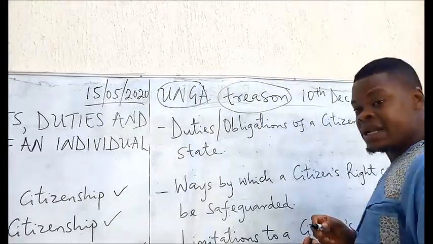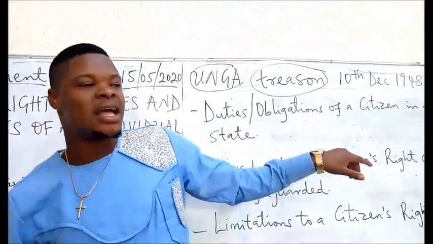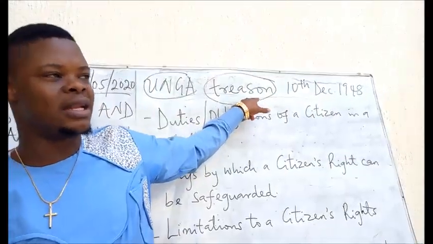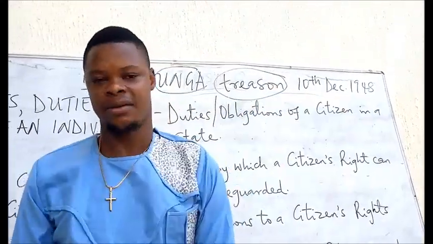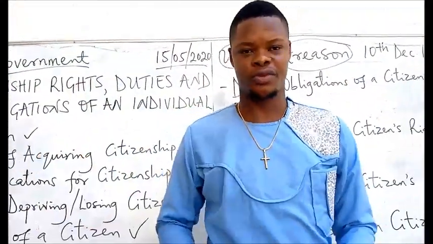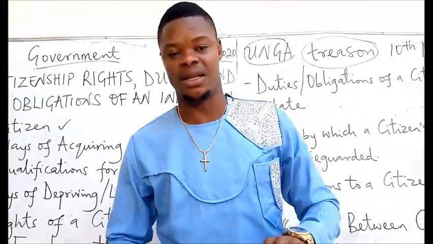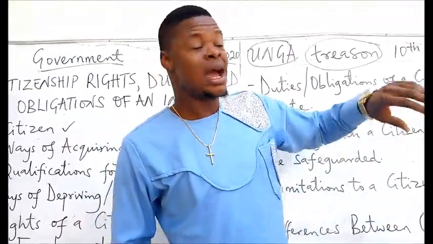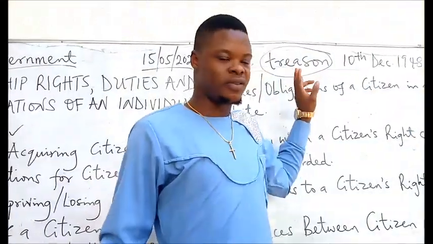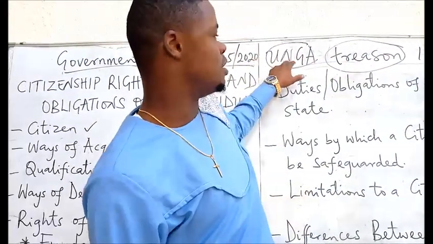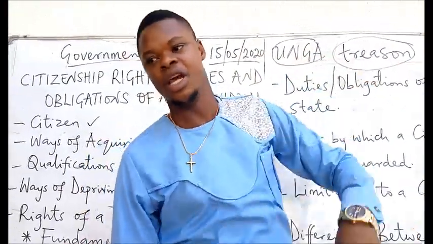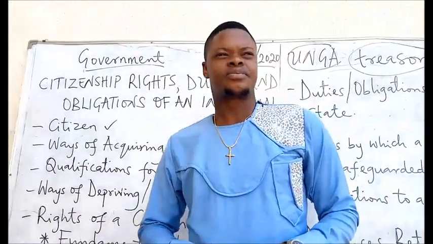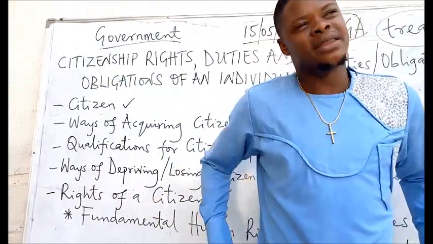That is why every 10th December is celebrated as Human Rights Day in the whole world. In the international scene, every 10th December is celebrated as Human Rights Day because of this declaration. So let us list the fundamental human rights.